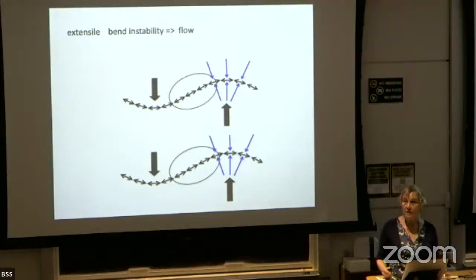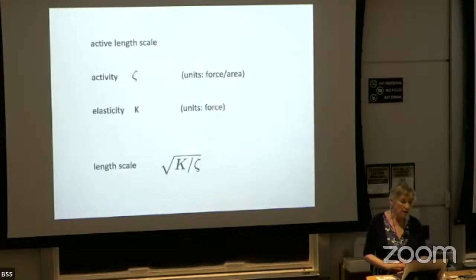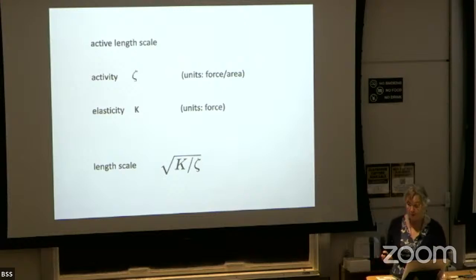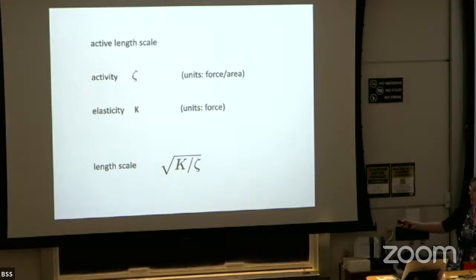Okay, and then one of the things we're going to talk about later is the idea of an active length scale. This is the length scale of those vortices, and just a hand-waving argument about what it should be like. The length scale is determined by a balance between the activity and the elasticity. I'm just telling you that, but it sort of makes sense, right?